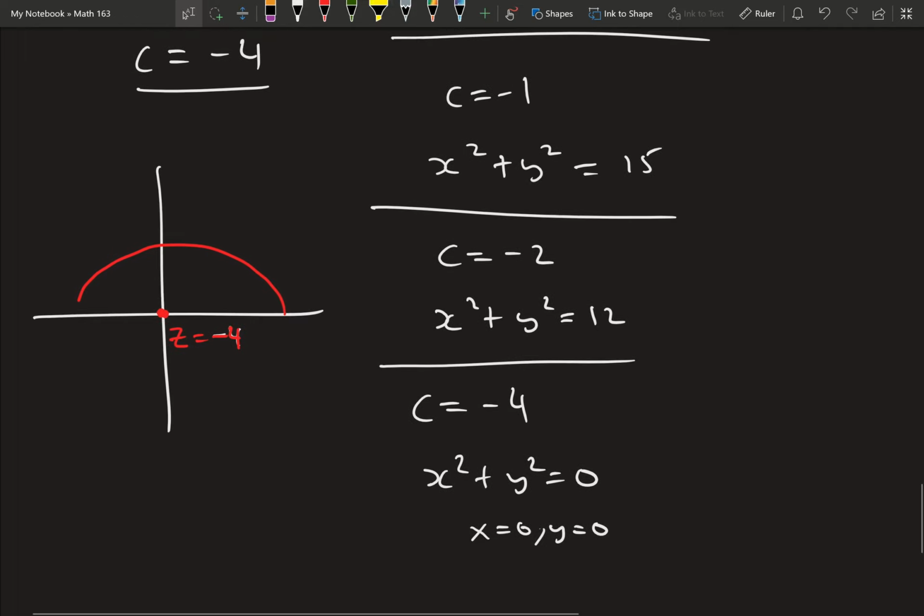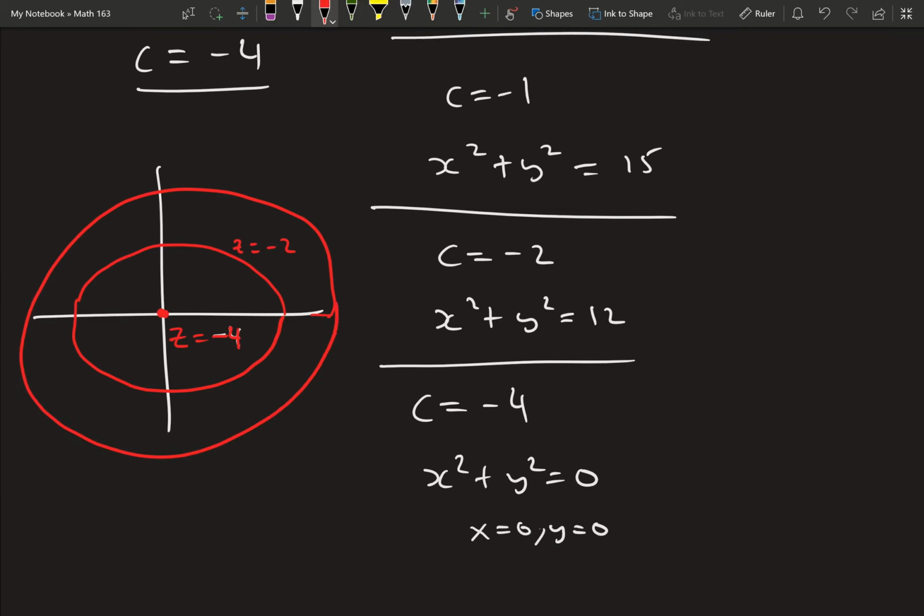You have a circle here, and this is the circle that corresponds to c equaling -2, or z equaling -2. And then you have a slightly larger circle for z equals -1.